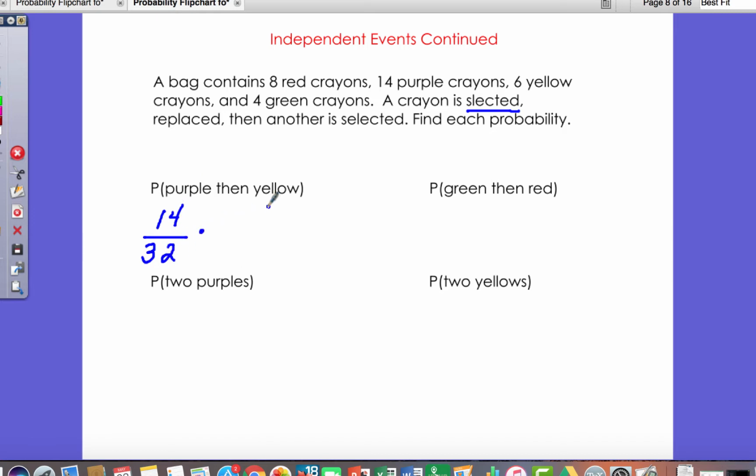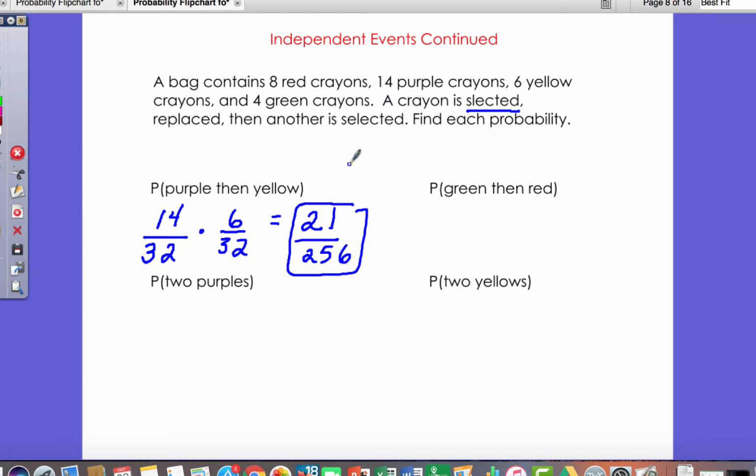It is replaced, and then we find the next crayon. The yellow is 6, so you have 6 out of 32, and you multiply those together. When you simplify, it is 21 over 256. That's the probability of first drawing a purple, then a yellow. How about a green, then a red?